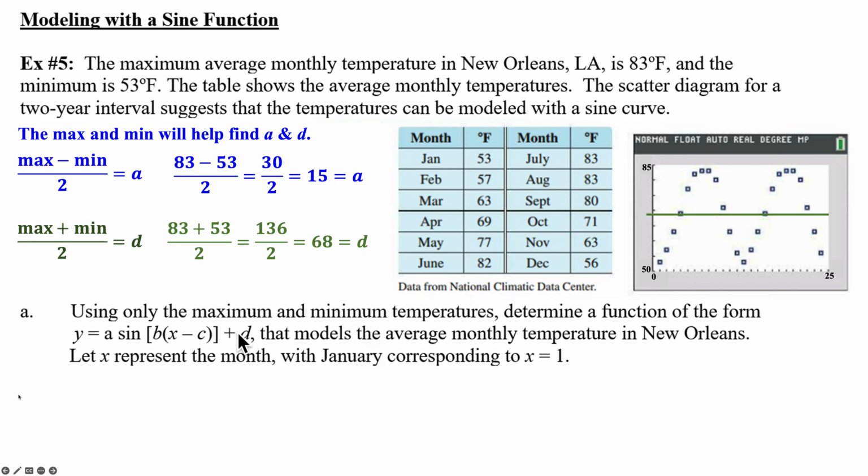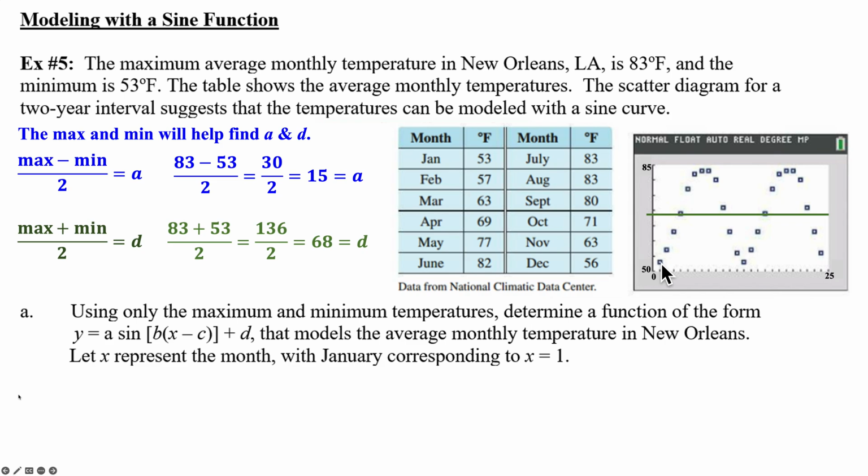All right. The next thing we want to do is look for B and C. B is going to be your period length. C is how far you shifted left or right. Well, here's where I start my sine curve on the x-axis: up, down, complete. So I need to figure out what point I'm at here.